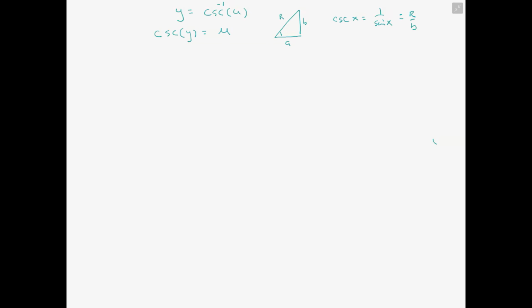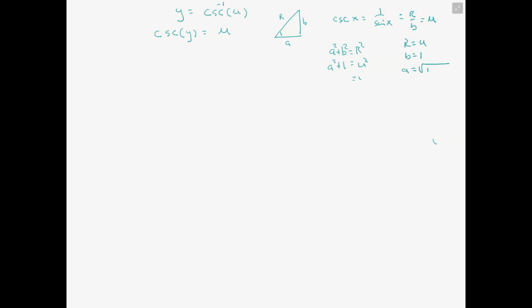So that's R on B, and that's equal to u. So R equals u, B equals 1, and A squared plus B squared equals R squared equals u squared.